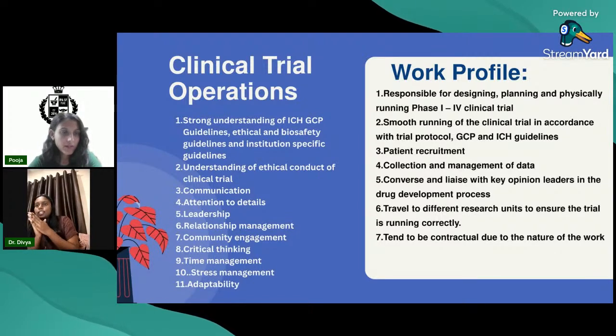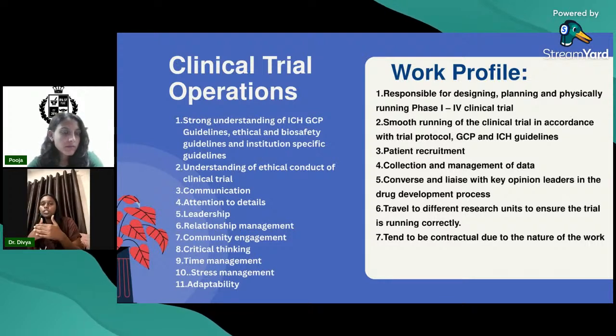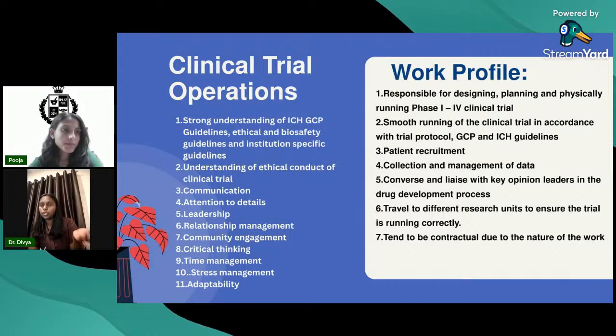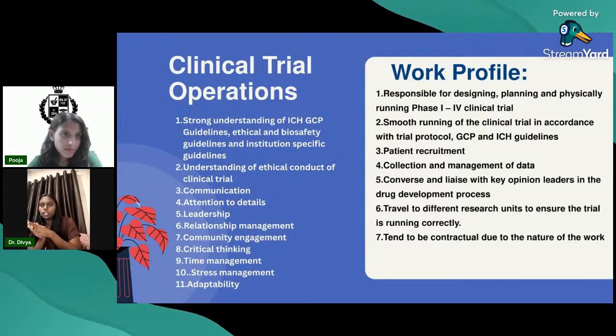Then next, obviously, you will collect the data, you will manage the data, and you will be a liaison between the drug development process experts and the community. You are the one connecting these points. Then this job generally involves traveling, because if you are working in a CRO, there might be more than one site conducting that particular trial.